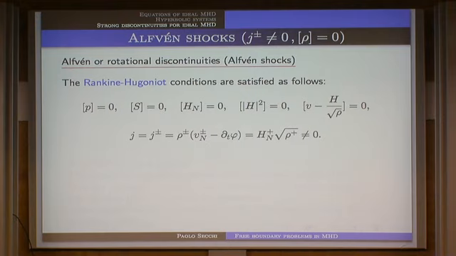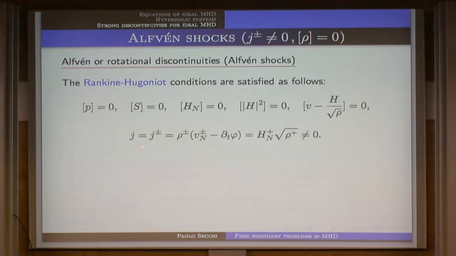This is the second equation that I wrote before. Hn is continuous across the front. We have the continuity of this quantity. It is the difference between the velocity of the fluid and the Alfvén velocities. The difference is continuous.